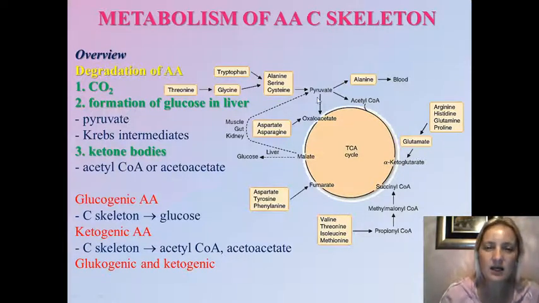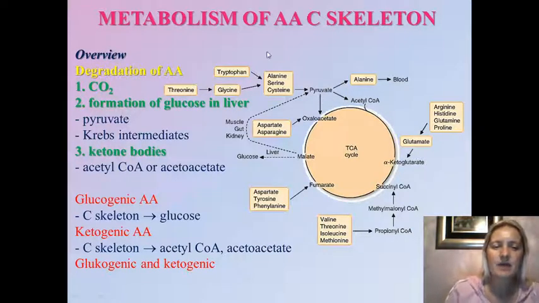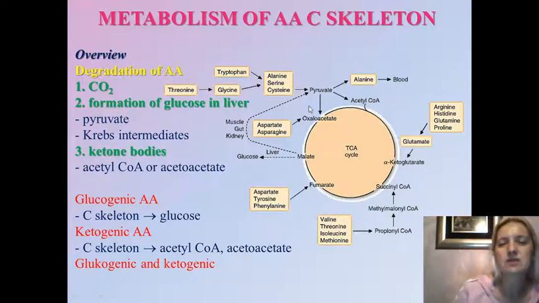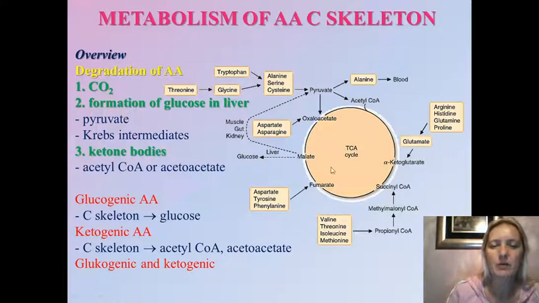So the second point, formation of glucose. Let's see which amino acids are involved in specific parts of the glycolytic pathway or Krebs cycle. Threonine we will see is converted to glycine, and tryptophan and glycine can be converted to alanine, serine, and cysteine, which can be converted to pyruvate.